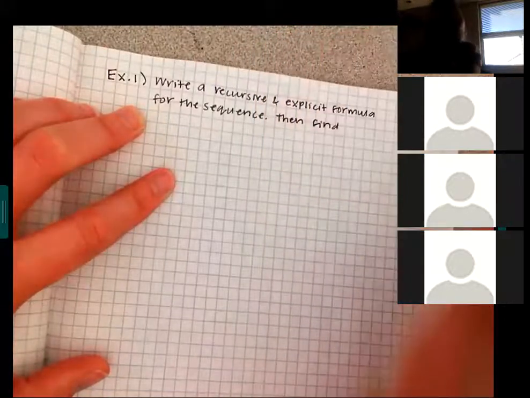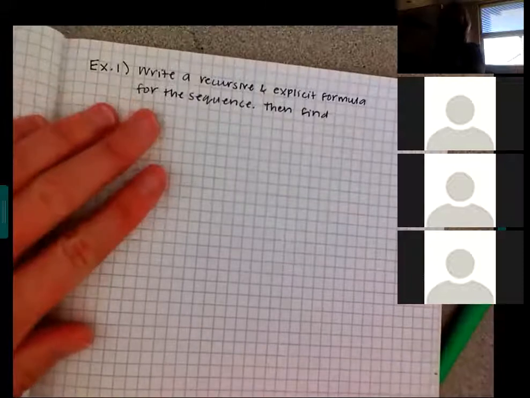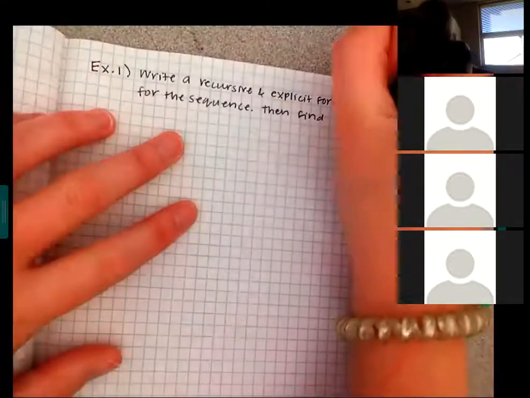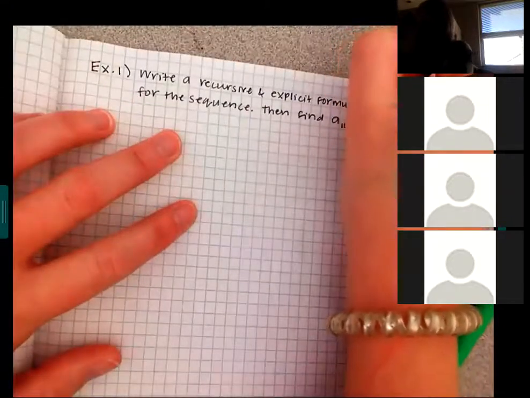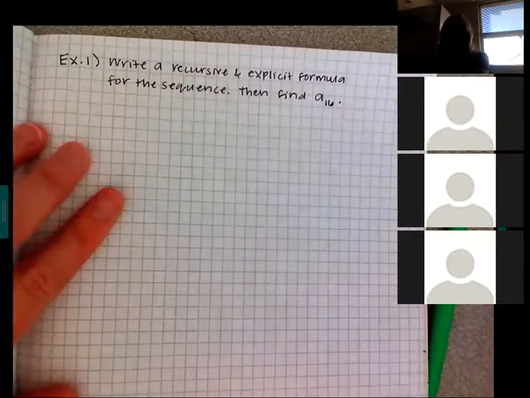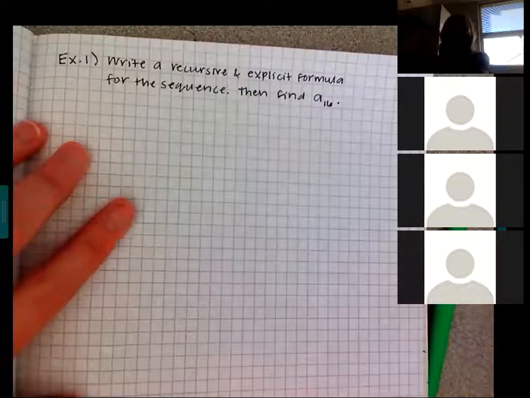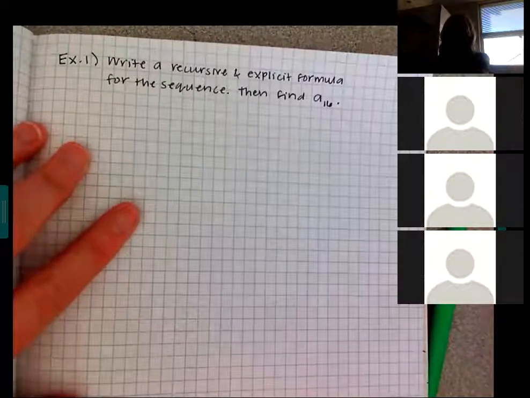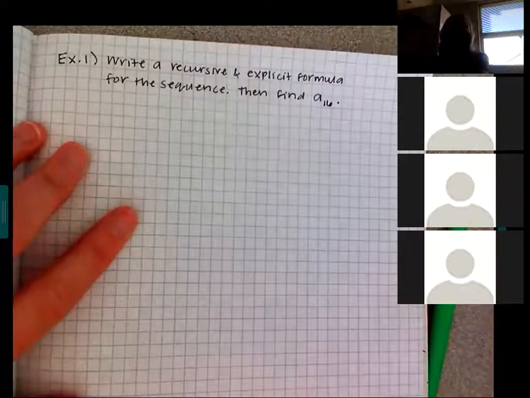Then find, Ross, pick a number. 16. So you're going to write a recursive and explicit formula for this sequence I'm about to give you, and then you're going to find the 16th term, a sub 16.